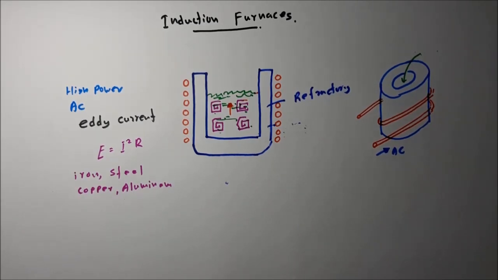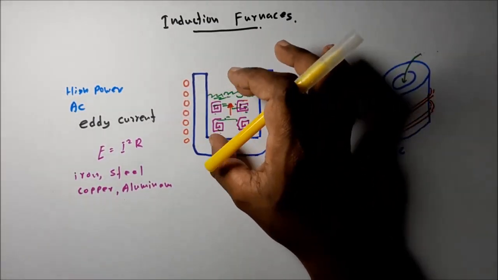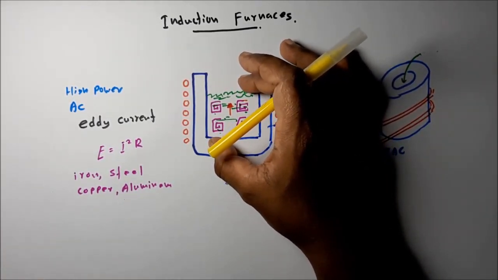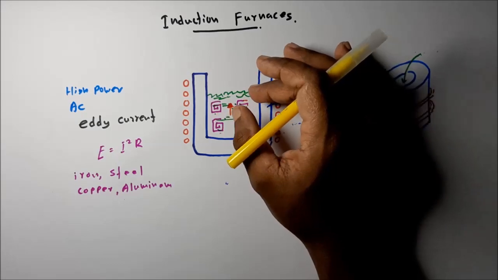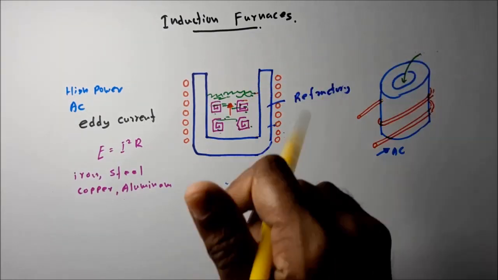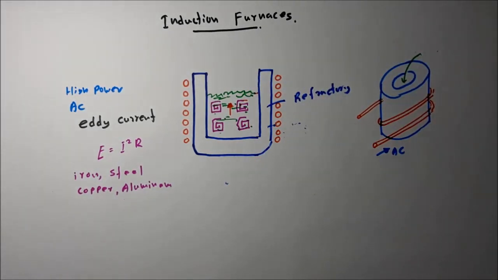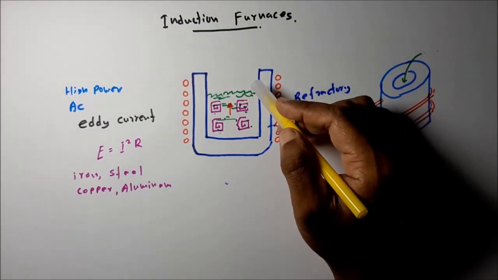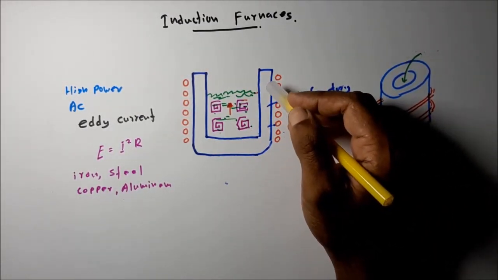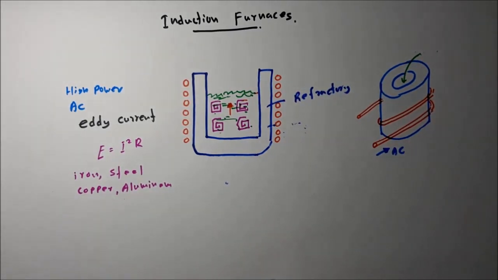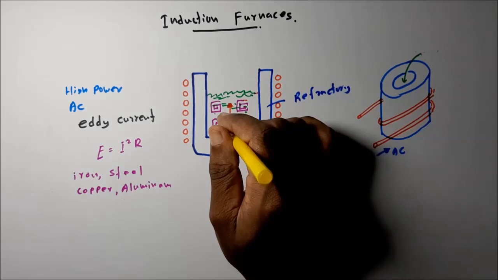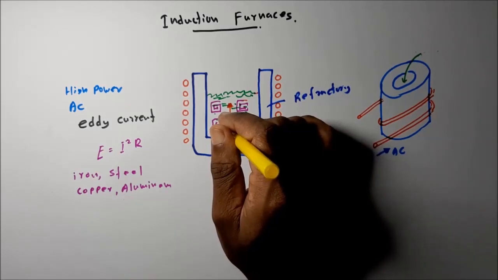Then the important thing is that no fumes or dust or any other impurities are involved in this process. The process is very clean. No dust or fumes are involved. The main advantage of this furnace is that high purity molten metal can be obtained.